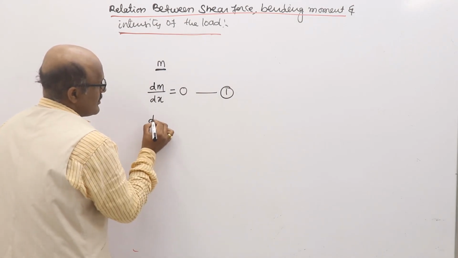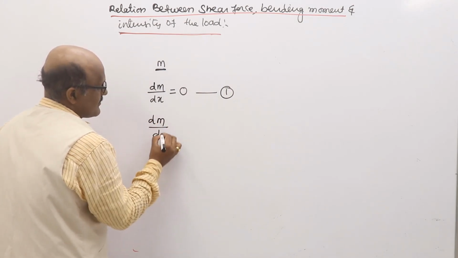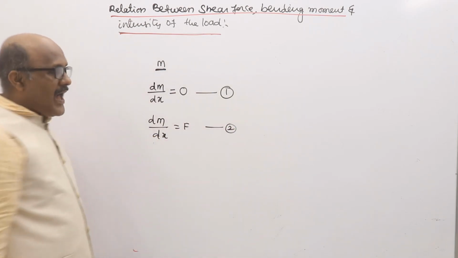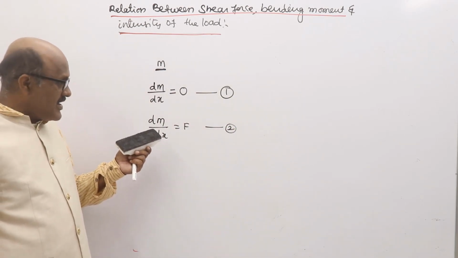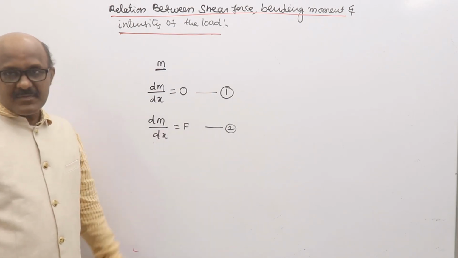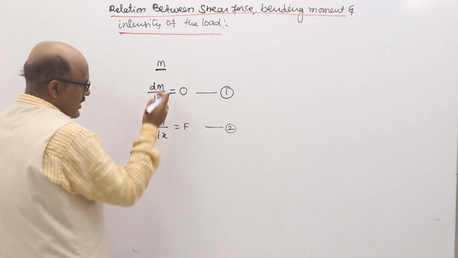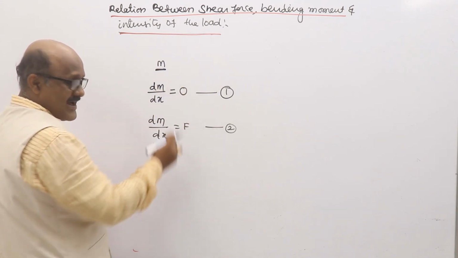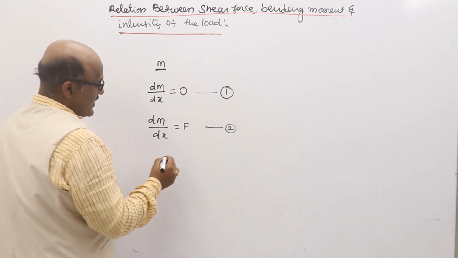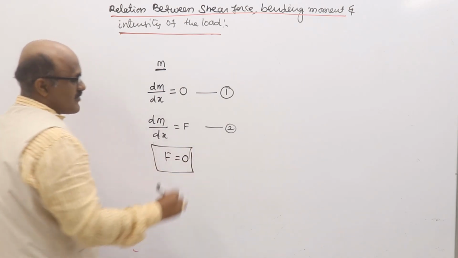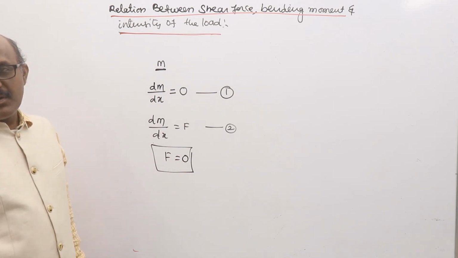Now we know that dM by dx is equal to F. That is the second result. So now left hand side terms are equal, automatically right hand side terms are also equal. That is F is equal to 0.